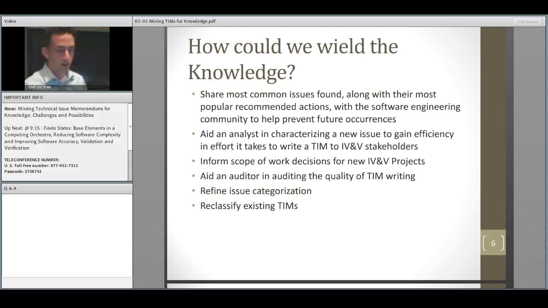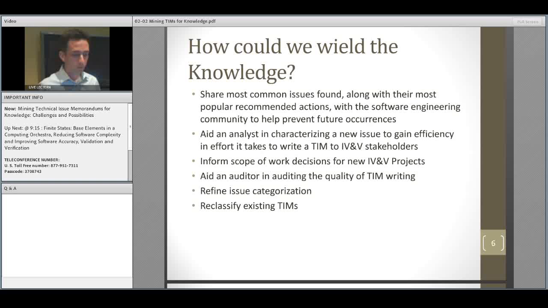We can aid analysts in characterizing a new issue to gain efficiency with writing these TIMs. It does take a certain amount of effort for analysts to write TIMs, and especially to write good TIMs. So if we can streamline that in any way possible, I think that would be a bonus.